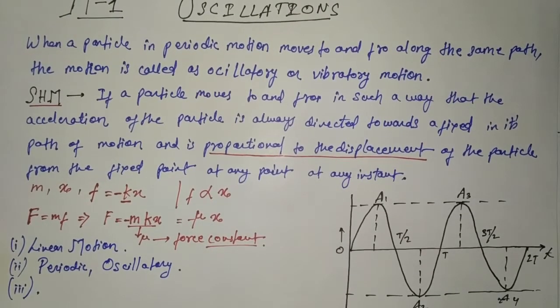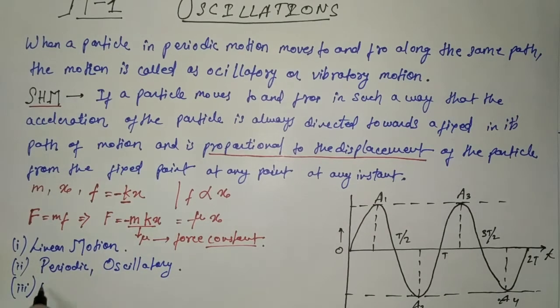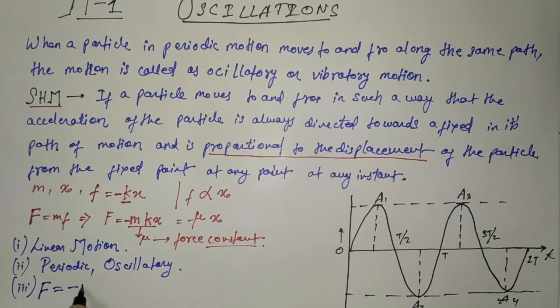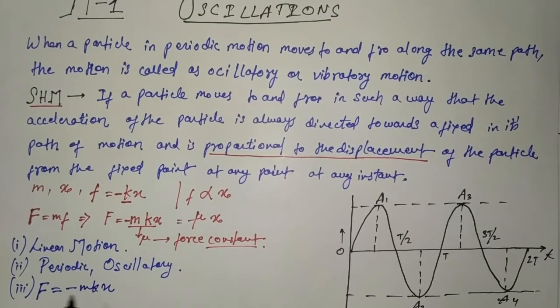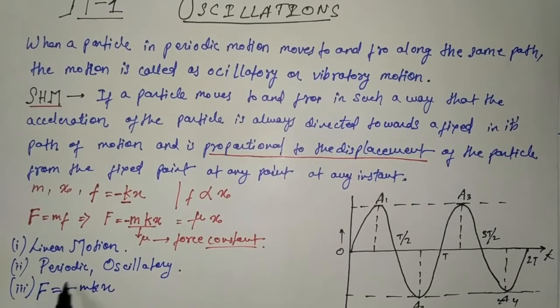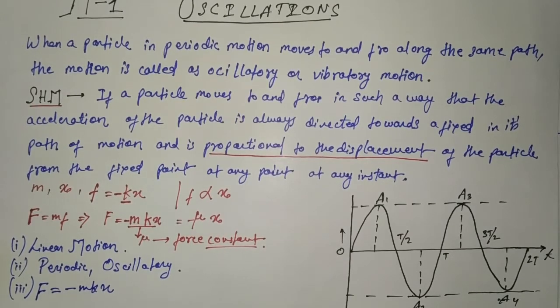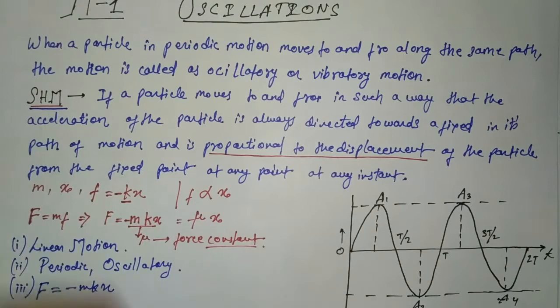And number 3, the restoring force on the body is proportional and oppositely directed to its displacement, which we can write as F equal to minus mkx, the formula. Since it is opposite, the minus sign is there, and it is proportional to the displacement. These are the characteristics of simple harmonic motion, or SHM. That is our first small topic.